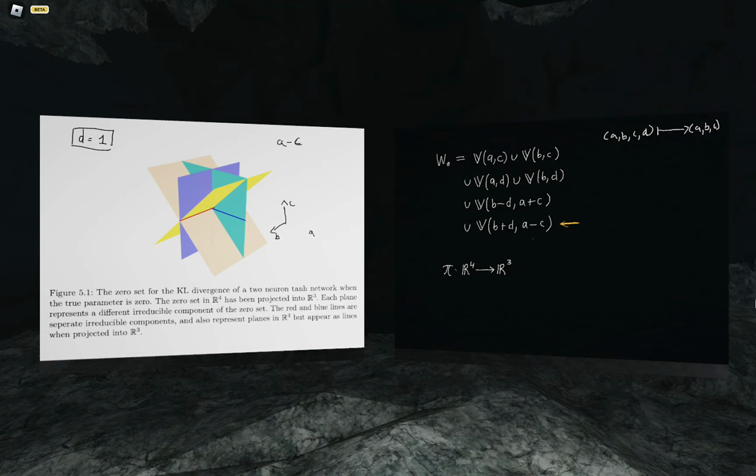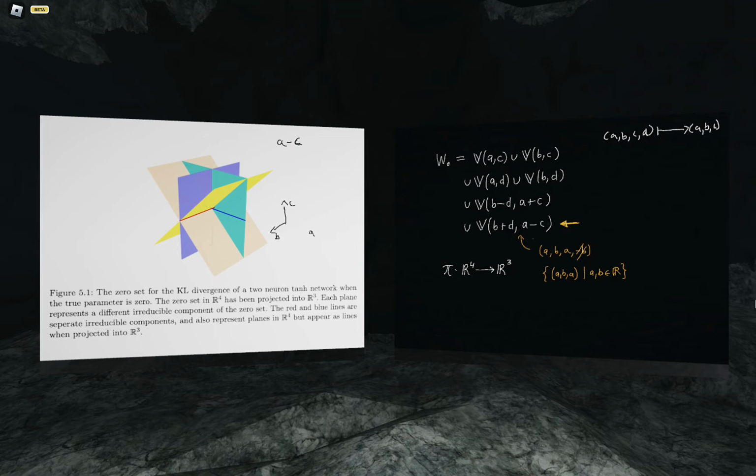So what does something in here look like then? It looks like A, B, minus B, and then we're projecting this out. So we get all the things of the form A, B, A, where A and B are real numbers. That's a plane. And yeah, that is the yellow thing. All right, good.